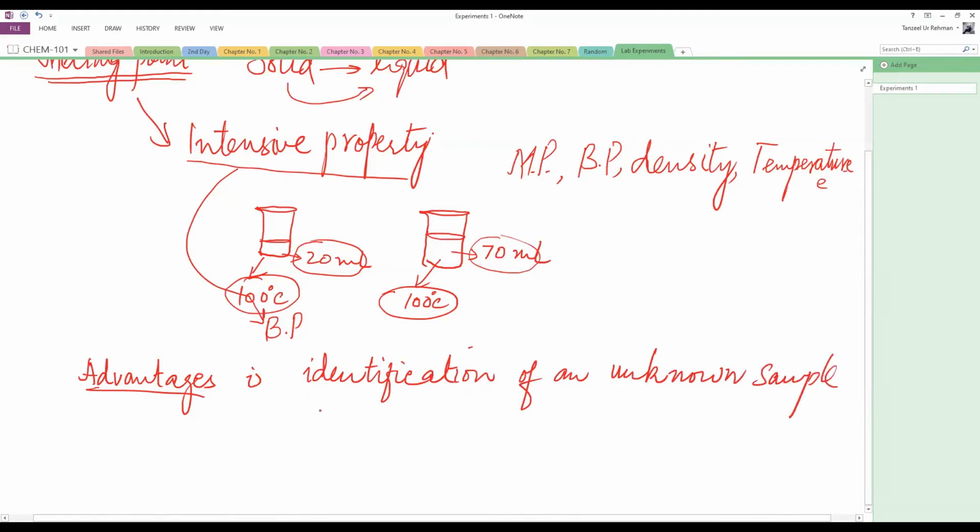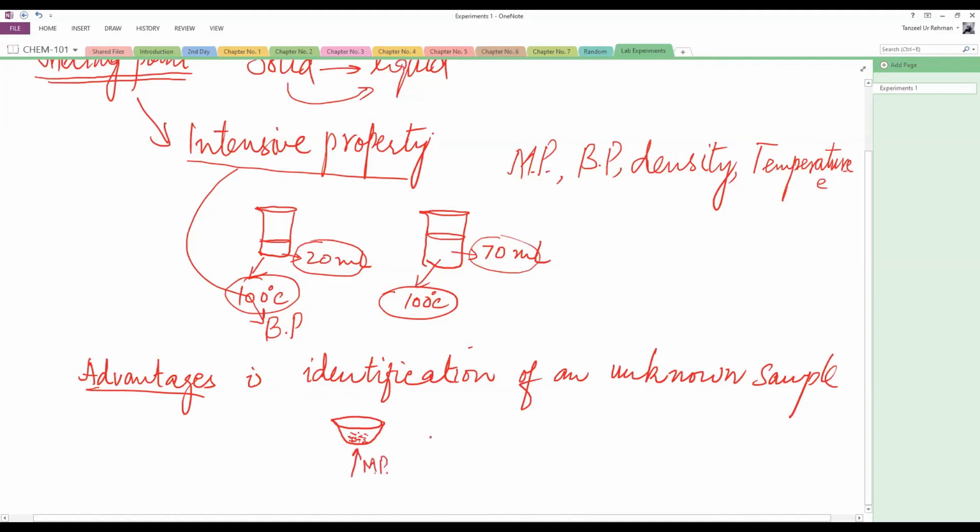How? If I give you NaCl and I ask you which compound this is, first we will find its melting point.